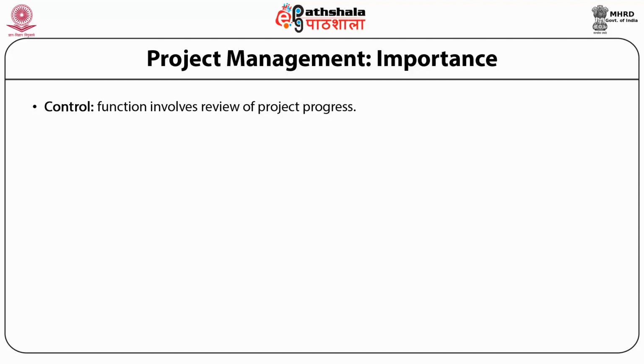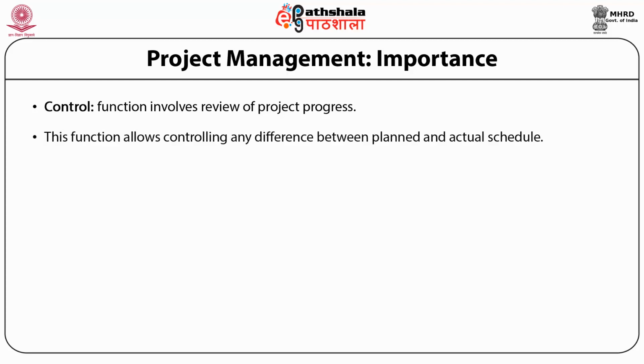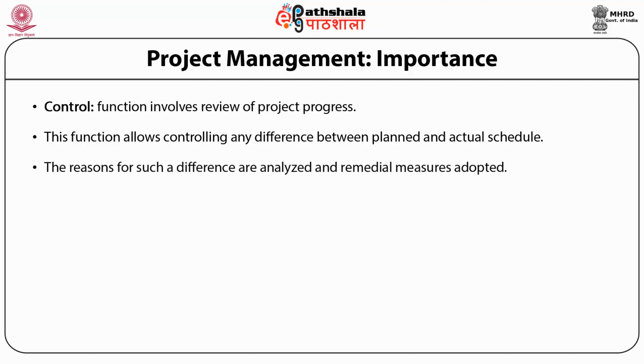Number 3. The control function involves review of project progress. This function determines whether each activity is performed in the estimated duration, uses allocated resources, or is deviating from the planned schedule. This function allows controlling any difference between planned and actual schedule. The reasons for such a difference are analyzed and remedial measures adopted.